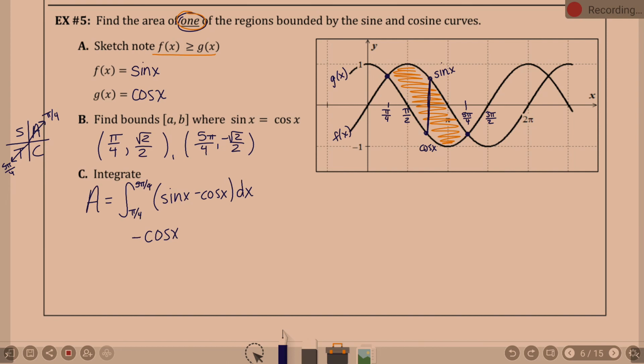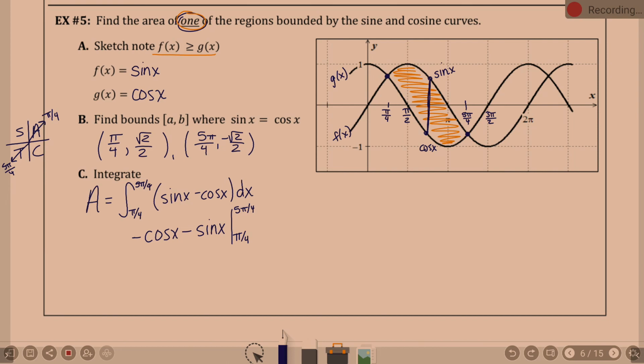And then this one, I carried down the minus sign. The derivative of sine is cosine, so you just carry down the minus sign. So negative cosine x minus sine x, evaluated from pi over 4 to 5 pi over 4. First of all, we're plugging in 5 pi over 4, yes?